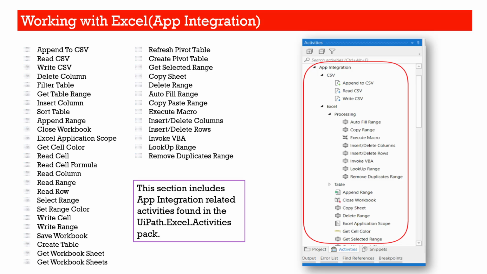Similarly, if you want to read a range, you need to provide range values. We'll look at some of these in our working demo session, but all of them will not be covered. If you want to try your hands on all of these, you should try using these activities one by one on your laptop.